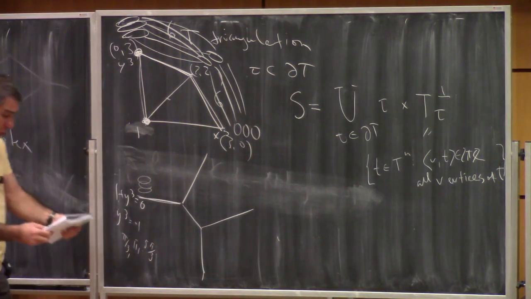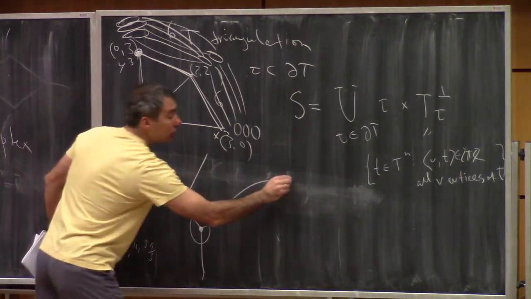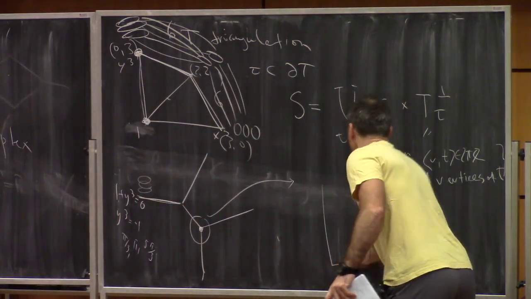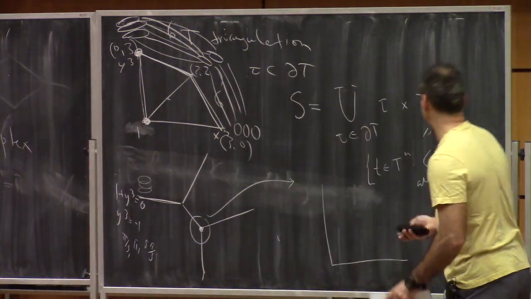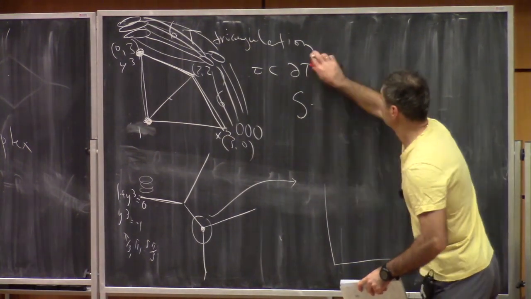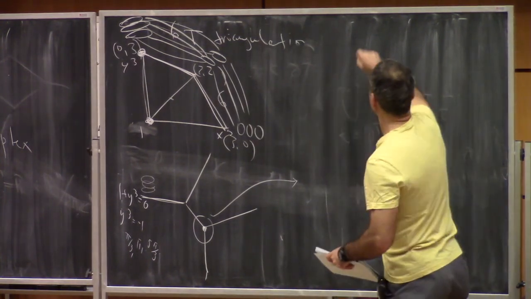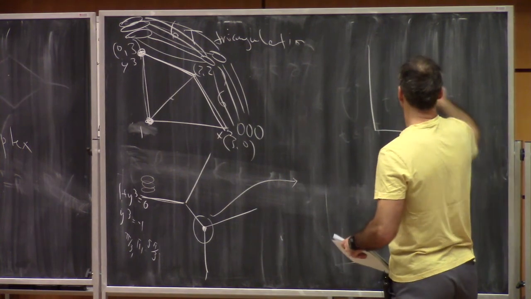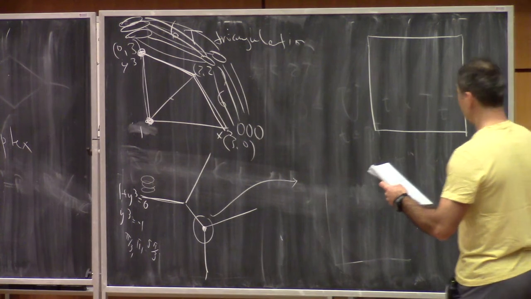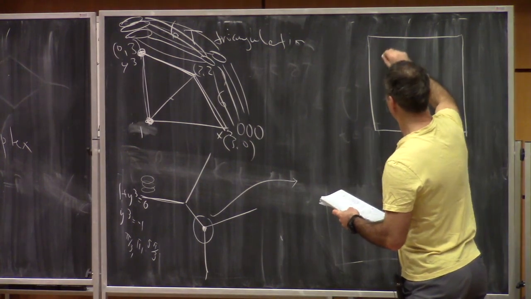Let me try to draw a picture over this vertex here. So this is my torus. I have 3 fibers like this.